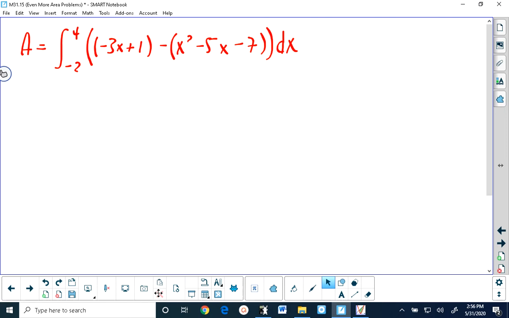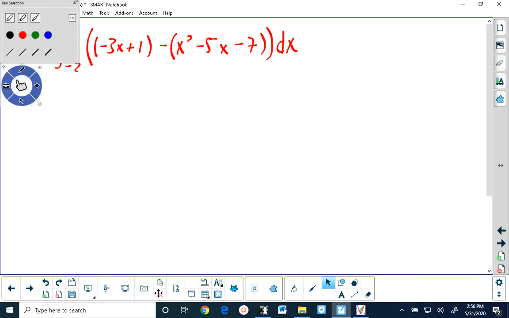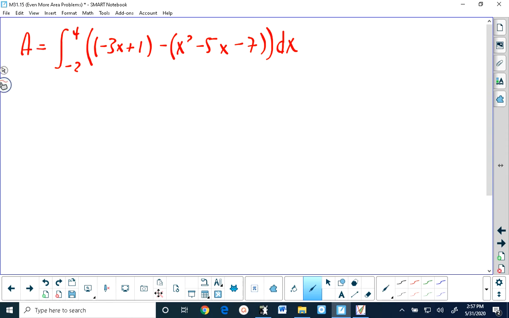All right, here we go. Remember, of course, you want to simplify that integrand first. You don't want to anti-differentiate 5 terms when instead you could anti-differentiate 3 terms. I'm going to have a negative x squared. I will also have a negative 3x minus negative 5x, which is 2x.